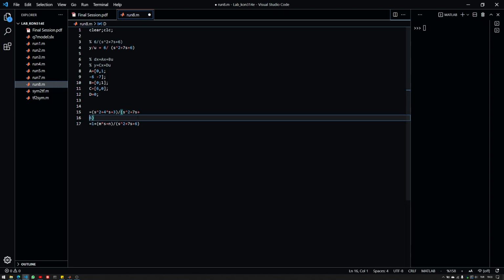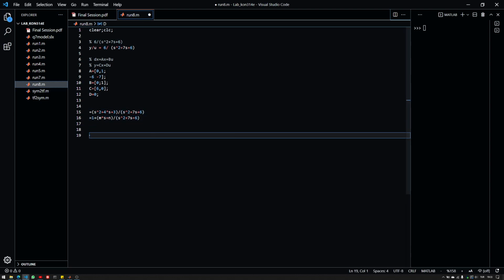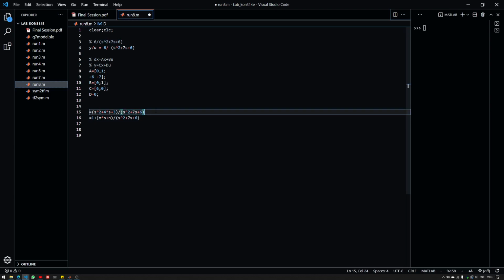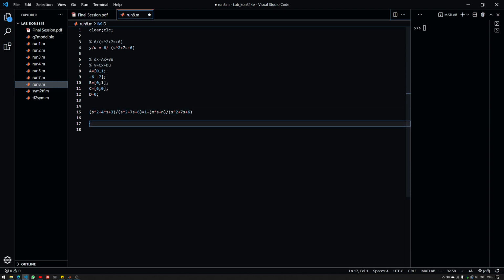So you can just multiply everything with this, because we want to have this equation here. If you multiply with this, you can find out what m and n are, and then you can repeat the steps and come up with the C matrix.